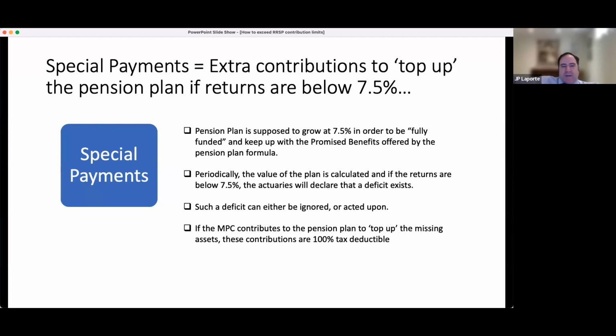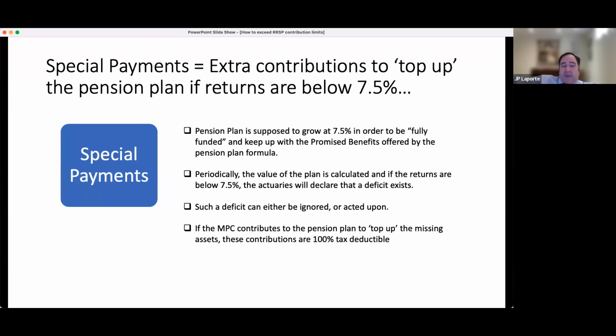It means that if we invest the assets in a hyper conservative manner and we don't generate that 7.5% rate of return, then when the actuaries, the financial specialists that we hired to calculate how the plan is doing, do their valuation, they'll say that there's a deficit.